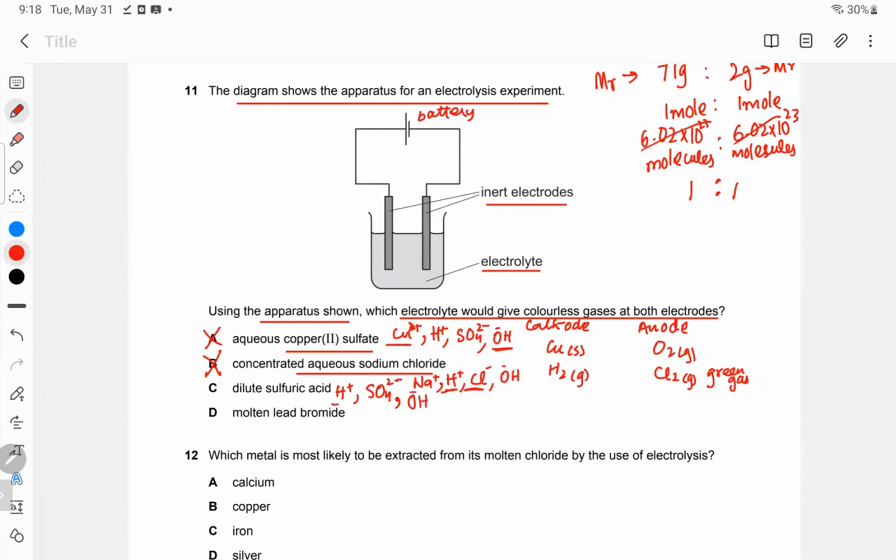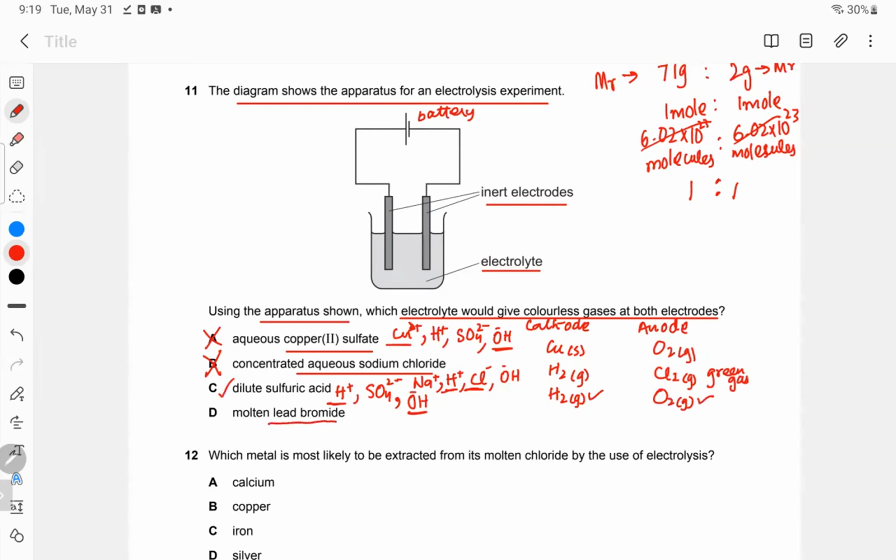So hydrogen ions and hydroxide ions will react at cathode and anode respectively. When hydrogen ion reduces at the cathode, I will get hydrogen gas, which is a colorless gas. And at the anode, when hydroxide ions oxidize, I'm going to get oxygen gas, which is a colorless gas too. So my C option is correct.